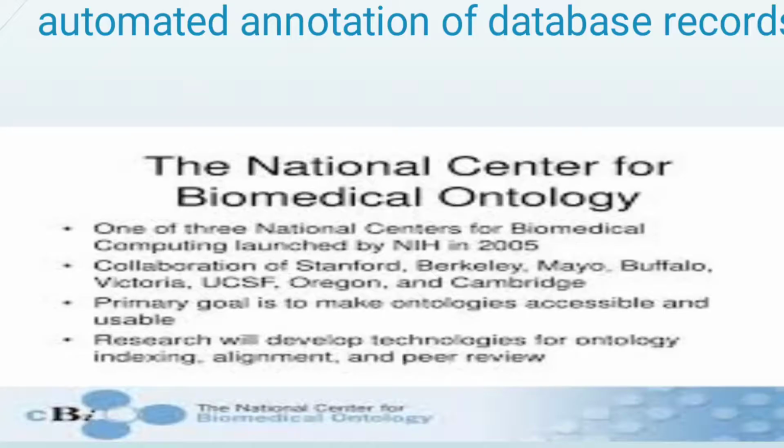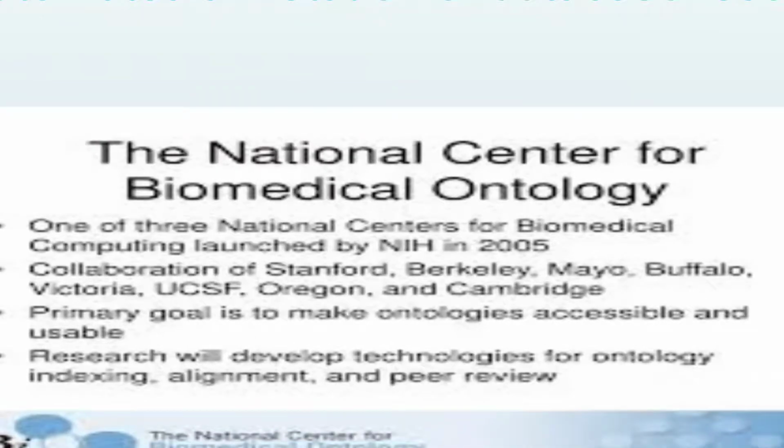It is one of the 3 national centers for biomedical computing launched by NIH in 2005, and it is a collaborative effort of 8 institutions: Stanford, Berkeley, Mayo, Buffalo, Victoria, UCSF, Oregon and Cambridge. All these are big universities of the world, and their collaborative work has led to the formation of this website.